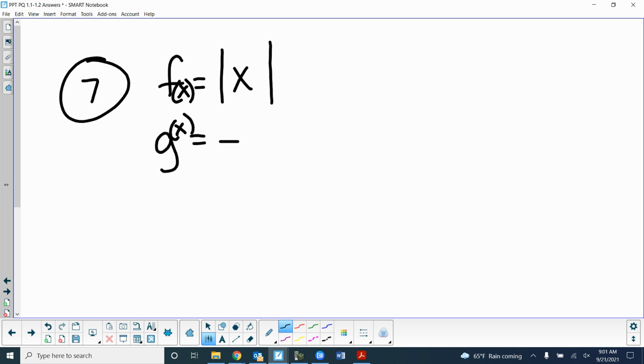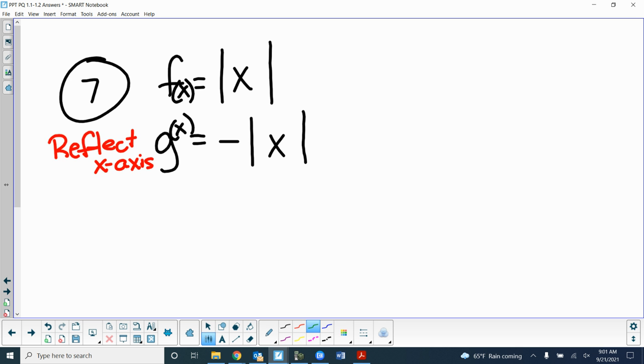So that's the whole thing. Because remember, f of x equals is just like y equals. All right? So that was a reflection over the x-axis.